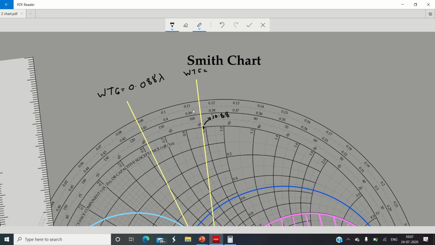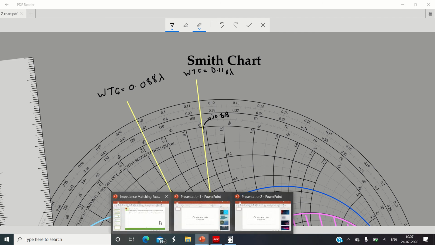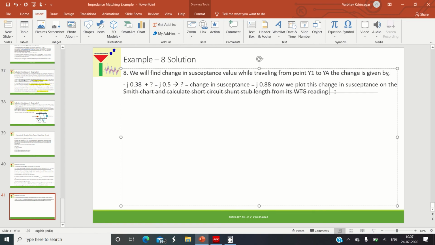It is approximately 0.116 lambda. So WTG is 0.116 lambda. Please remember.